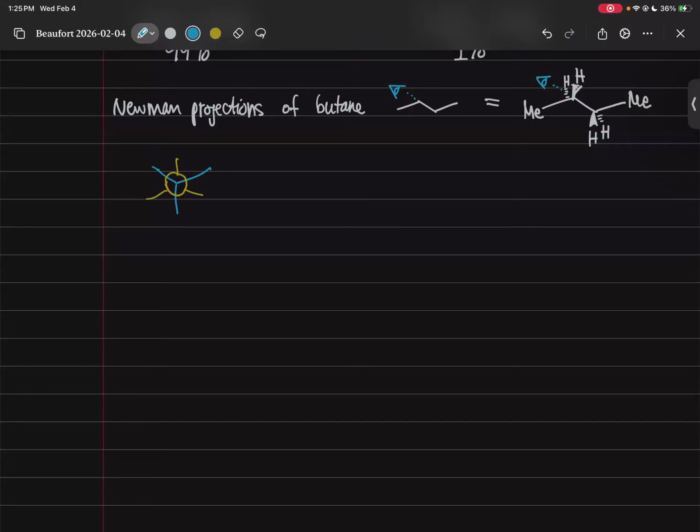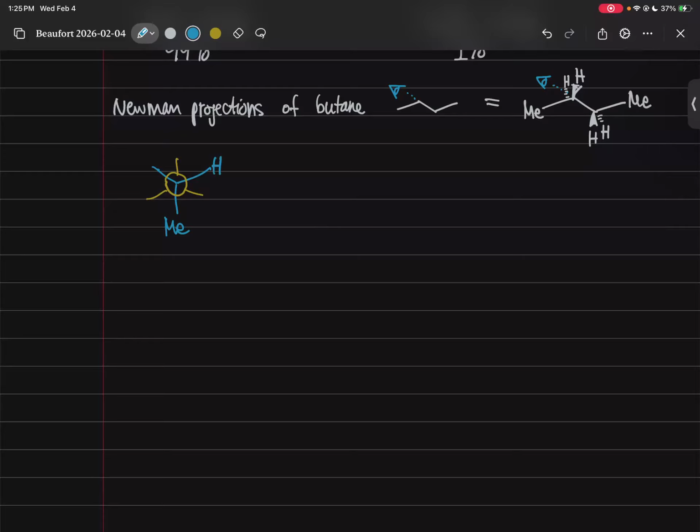Okay, so again, we're going to look at it from the left-hand side of the molecule. So going down from that perspective, on the front carbon is a methyl group. On a wedge coming toward us on that carbon is a hydrogen. So in the Newman projection, when we're looking at it from the left, that front carbon is going to be on the upper right.